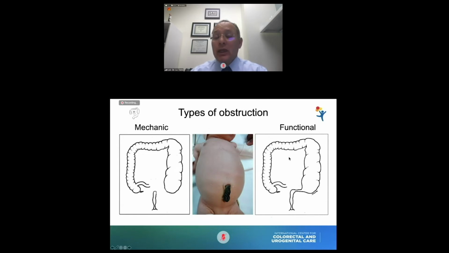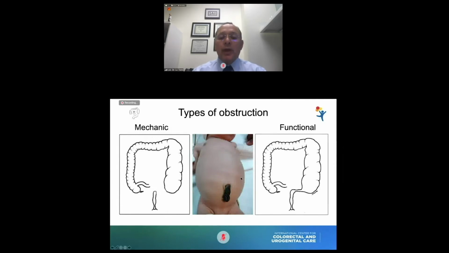In a functional obstruction, like Hirschsprung, you can see here the dilated segment and then the segment with Hirschsprung, but they are connected. They have patency. They have lumen together. So you can introduce a catheter here, and then the catheter is going to reach the normal bowel. Even when it's dilated, we say it is normal because this segment possesses ganglion cells.